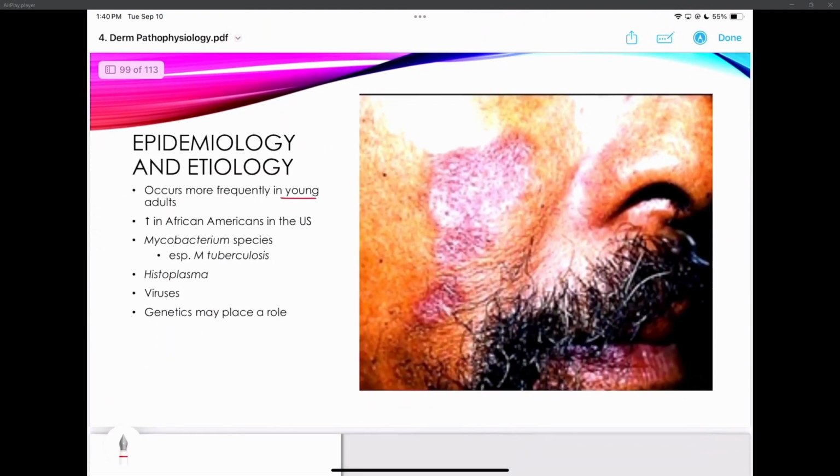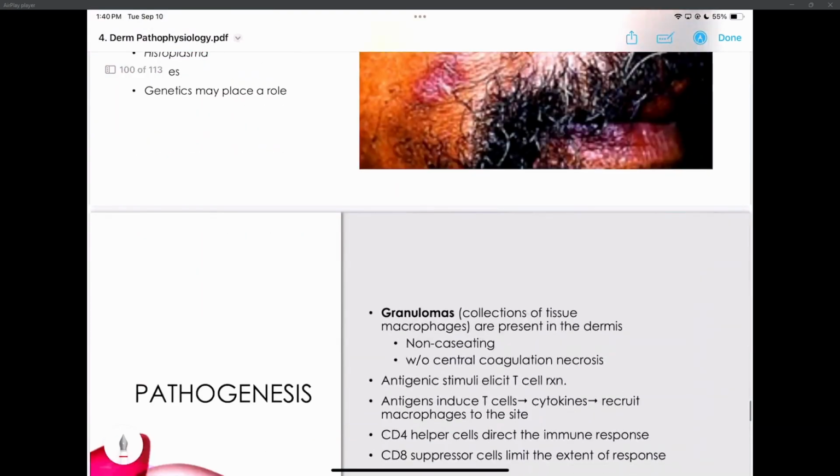More common in young adults, with increased incidence in the African American population. Mycobacterium species, especially Mycobacterium tuberculosis, can cause these granulomas as well. Histoplasma can do it. Viruses, maybe some genetics as well, will cause these granulomas to form.